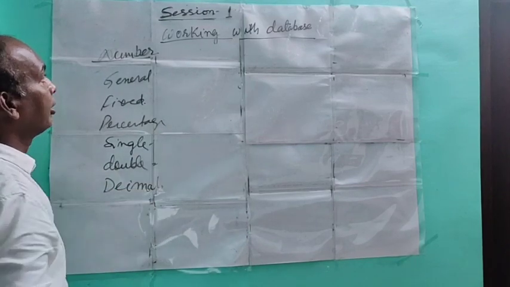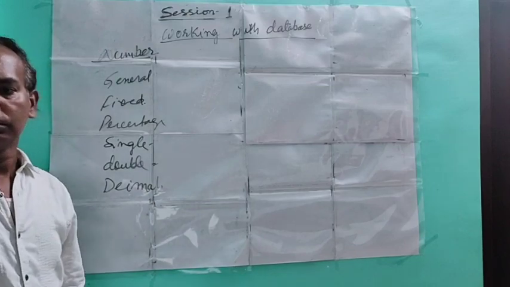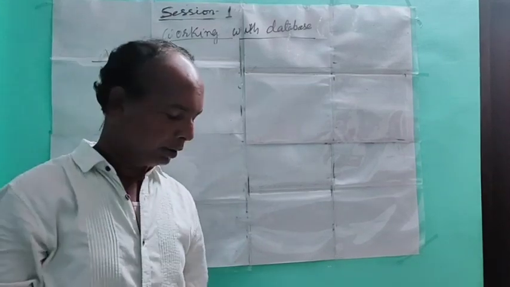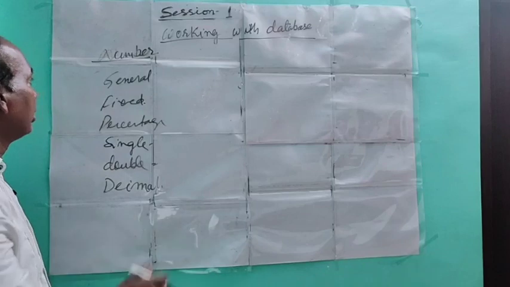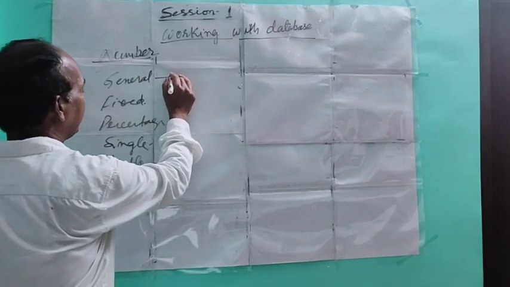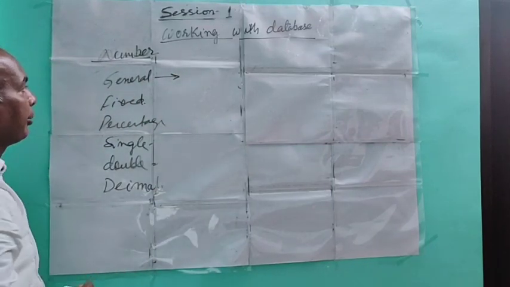So these are the different formats of number. In general, as we write, the same thing appears in the table.